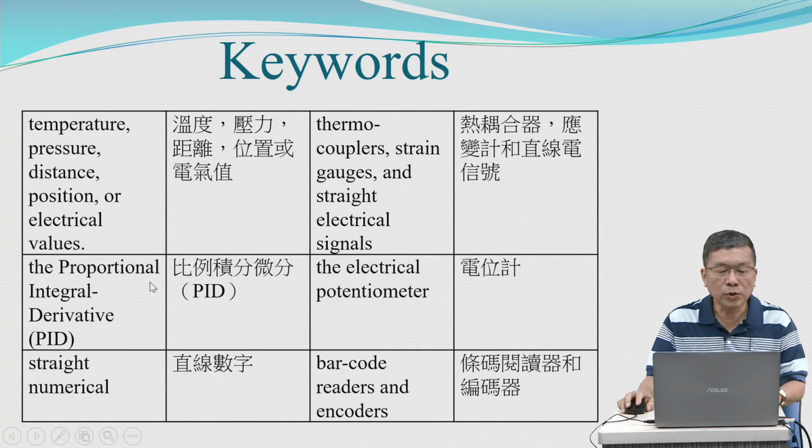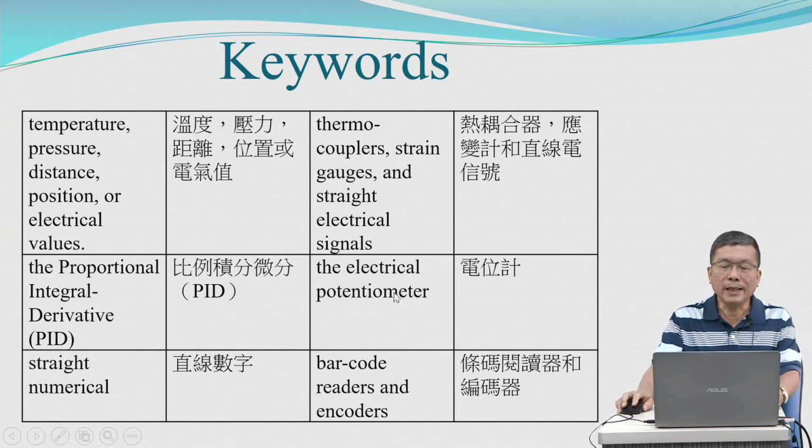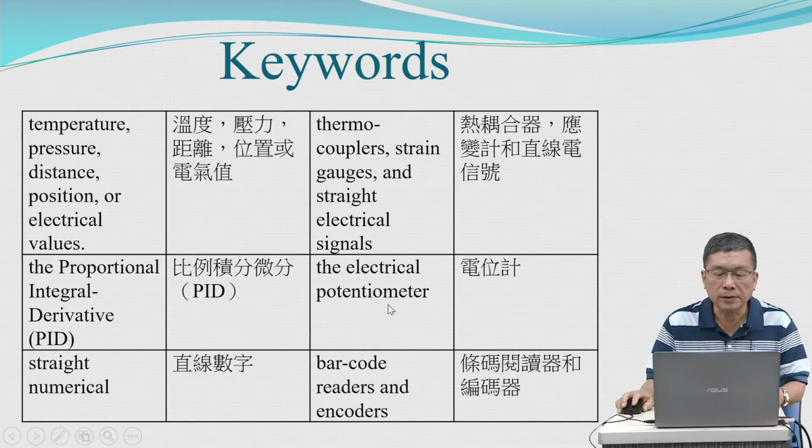The proportional integral derivative, PID. The electrical potentiometer. Straight numerical. Barcode readers and encoders.